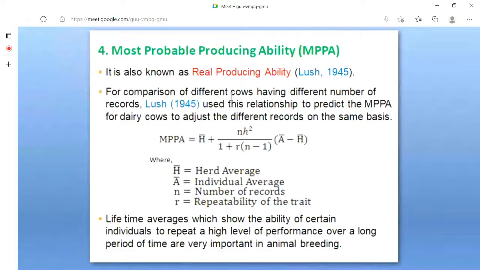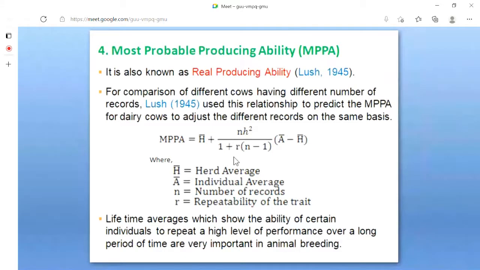So in calculating the MPPA, this R is an essential component. So this is one important utility of repeatability. These four are the importance of repeatability. Remember.